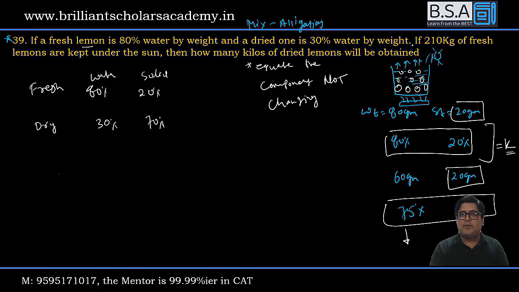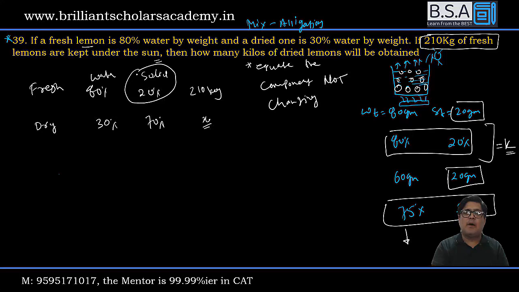The question is, if 210 kilograms of fresh lemons are kept under the sun, how many kilograms will we have here? So you equate what? You equate solids. What was the amount of solid or pulp? 20% of 210 kilograms. How much is the solid now?